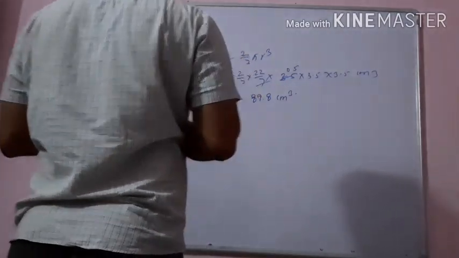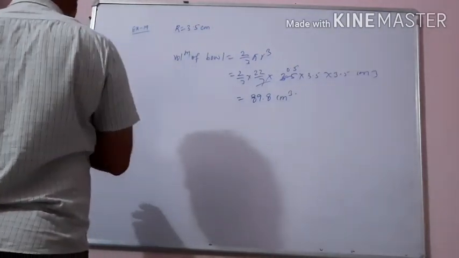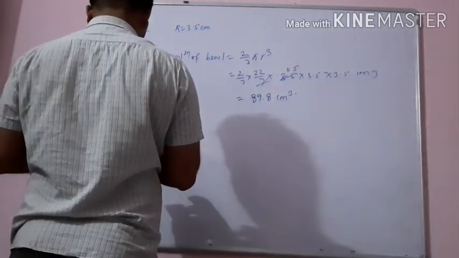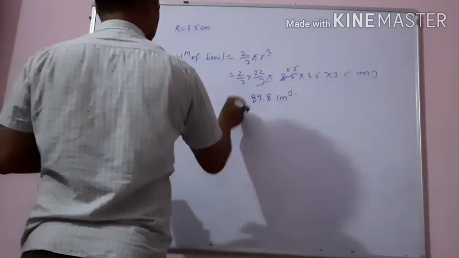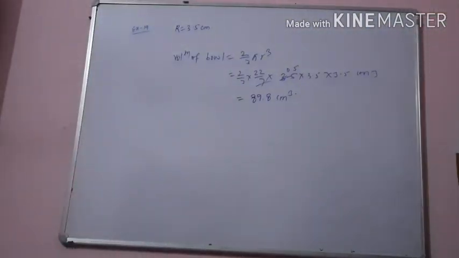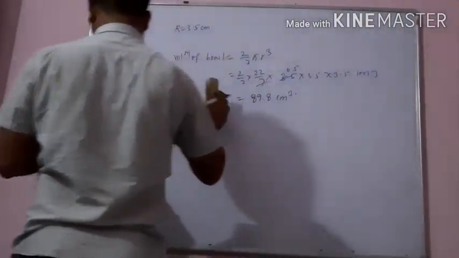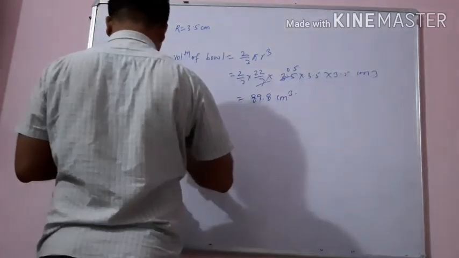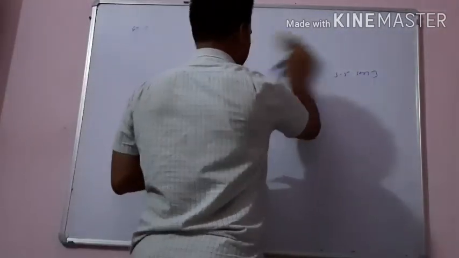Now, moving to exercise 13.8. You see the questions. The first question is, find the volume of a sphere whose radius is given.